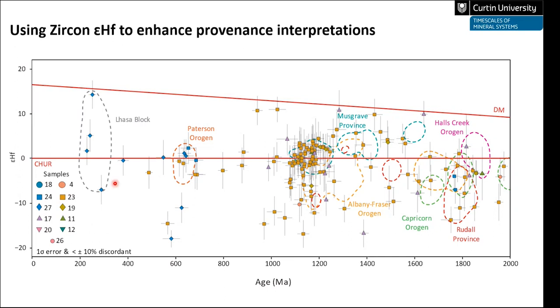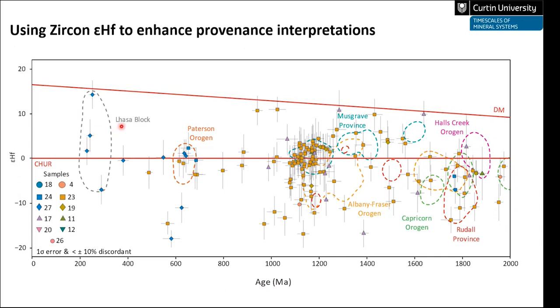It's also interesting that we are getting some very young Mesozoic grains with ages of between 200 to 300 Ma and extremely positive epsilon hafnium signatures. These are likely derived from the Lhasa block.